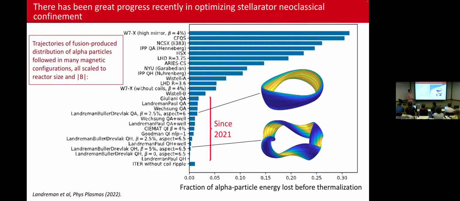Yeah, I mean we've gotten really good at this. Maybe Matt has a better answer. The question was how is it better than ITER? Yeah. So this has to do with something Elizabeth talked about yesterday, that one of the differences between QA and QH is that the banana orbits are thinner in QH. So the losses that are there for ITER are basically because a tokamak is QA.